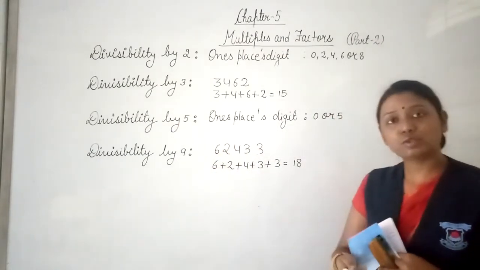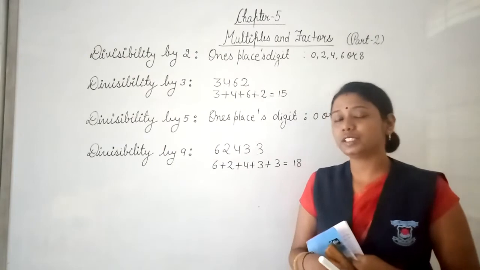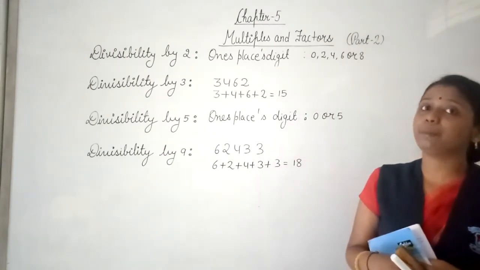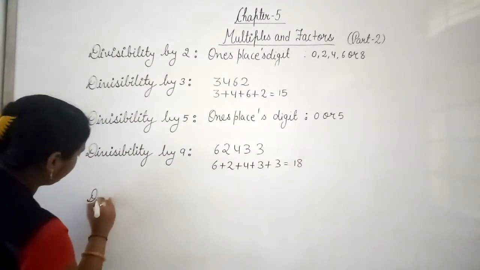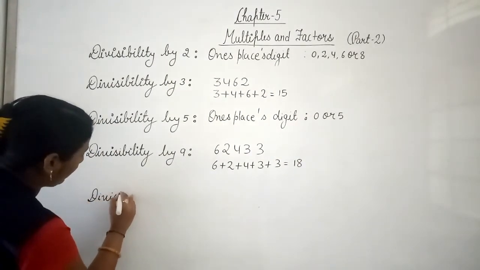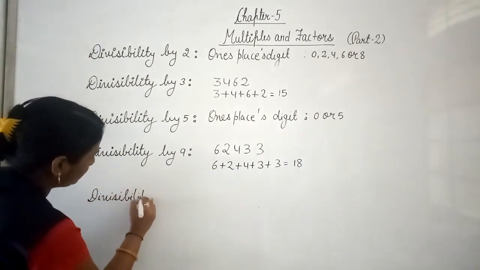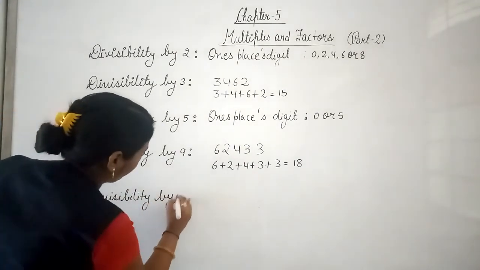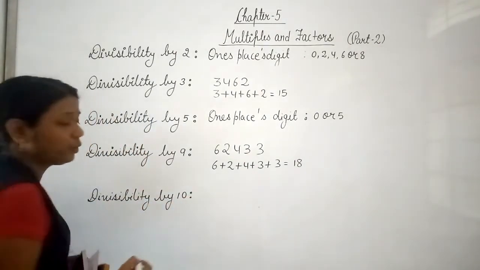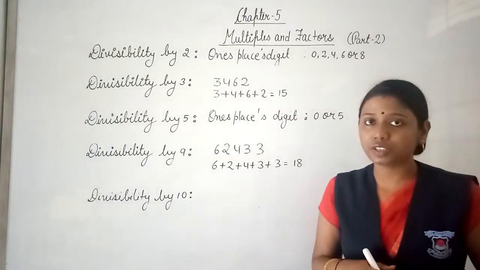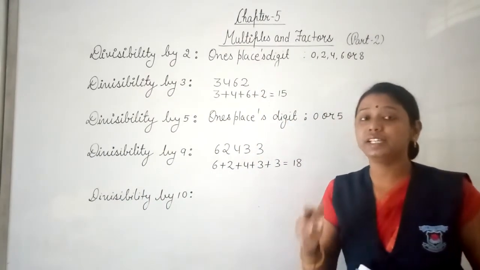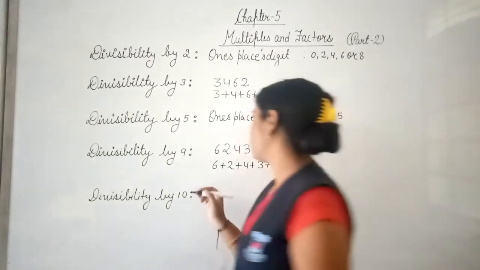Now the next rule which we are going to discuss is divisibility by 10. To check whether the given number is divisible by 10 or not, we have to check its ones place digit.